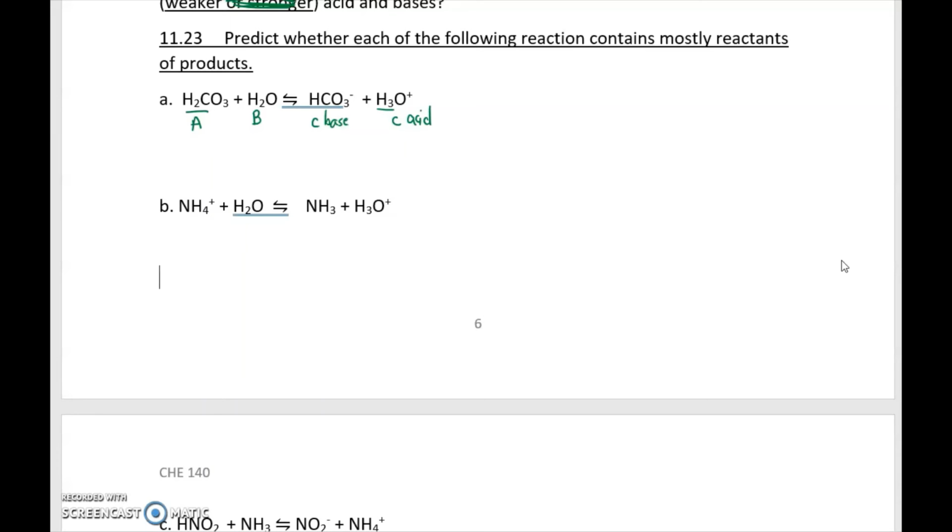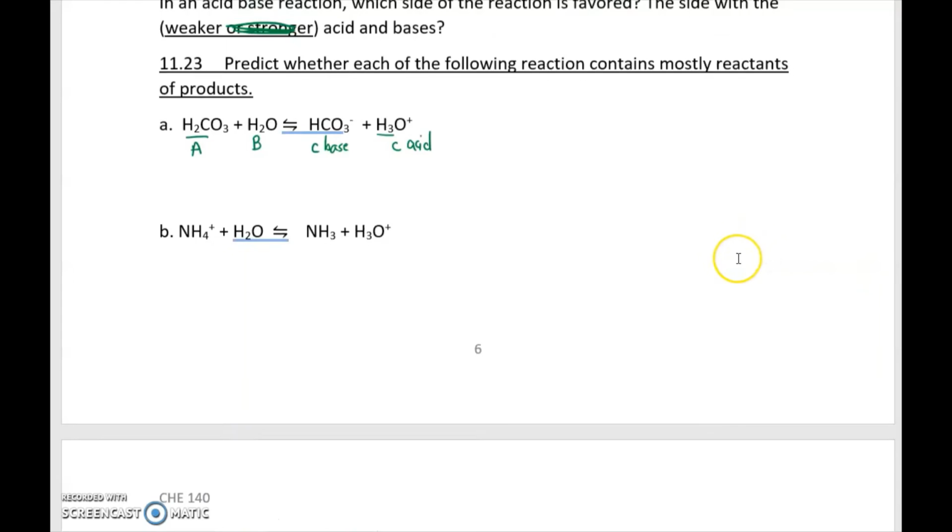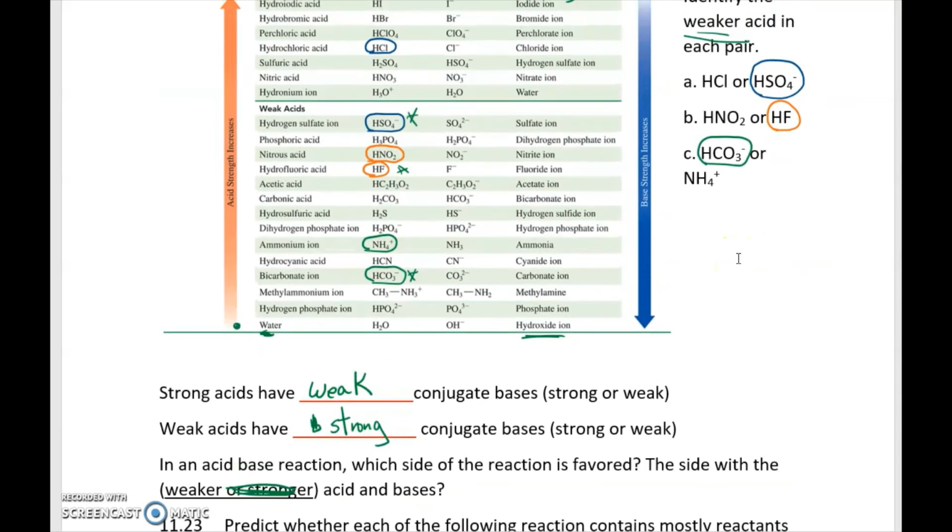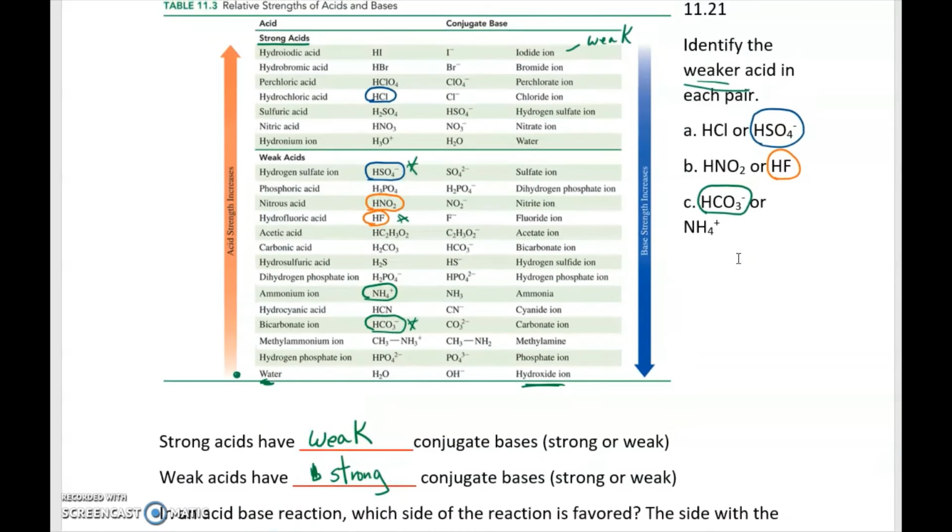We need to look on our table and see which acid is stronger. So if we look on the table, we're looking for carbonic acid and hydronium. Let's see if we can find them. The hydronium ion is right here, and carbonic acid is down here. So the hydronium ion is a stronger acid.